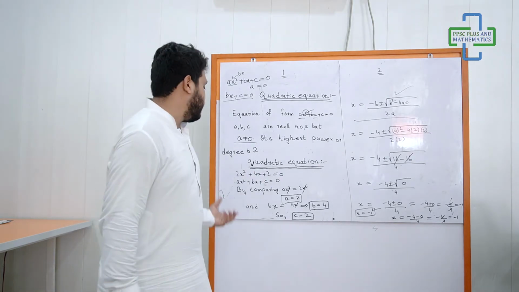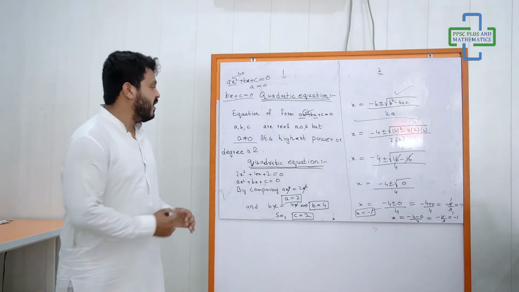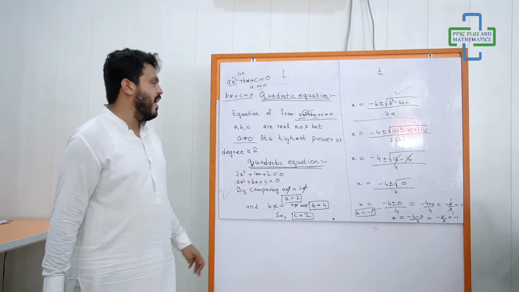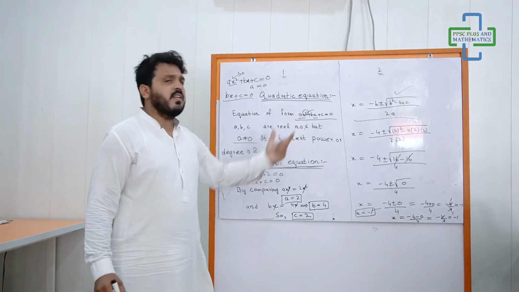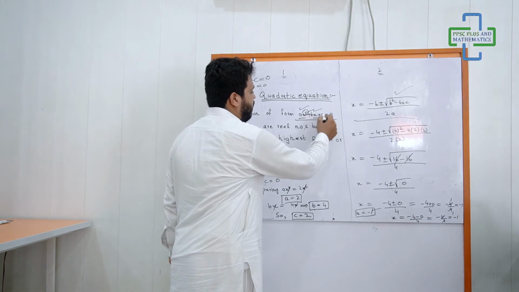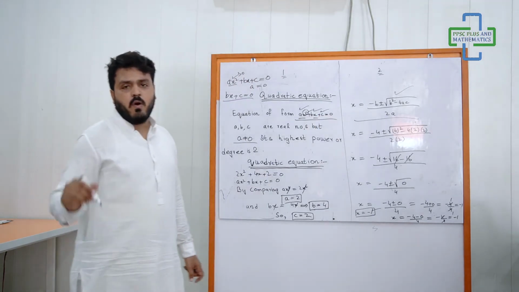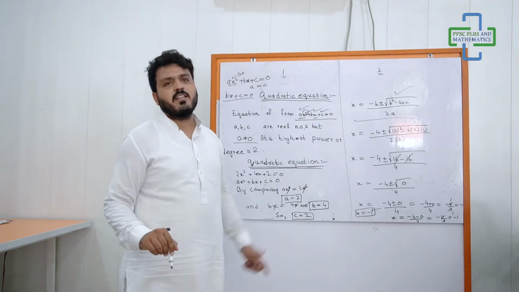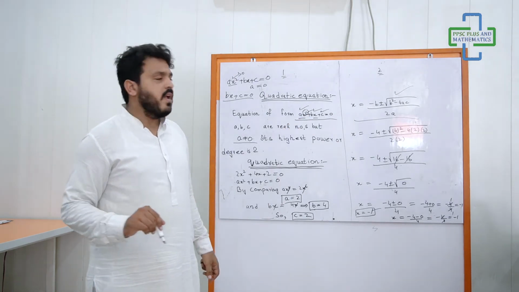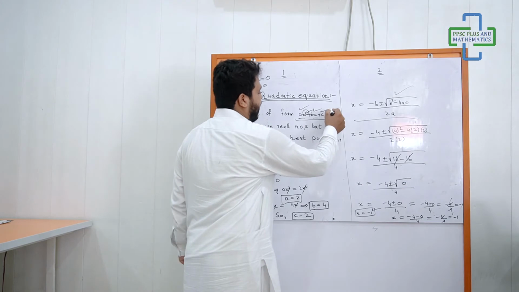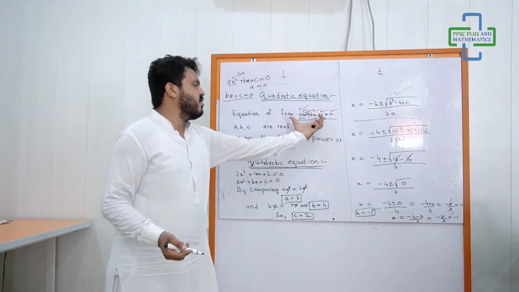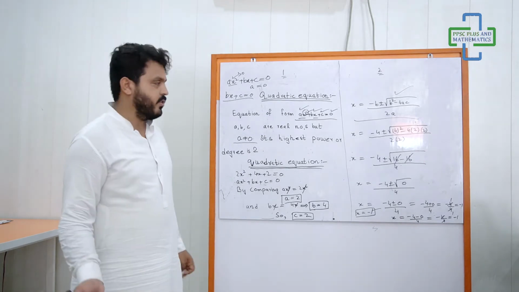In the standard form of a quadratic equation, the x square term, x term and constant term are on one side and 0 is on the other side. When 0 is on the right side and all other terms are on the left side, this is the standard form of the quadratic equation.